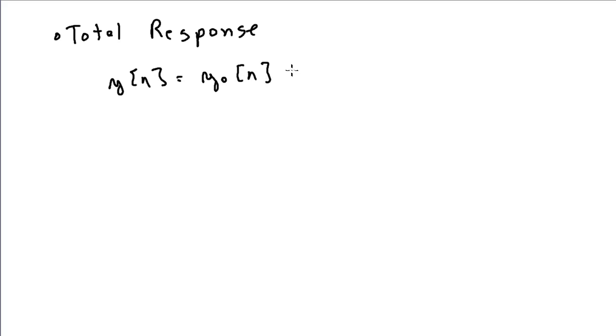Finally, putting all the pieces together on our total response. It is the sum of these two pieces: our zero input response, plus our zero state response, which I get by convolving the input with the impulse response of my system.